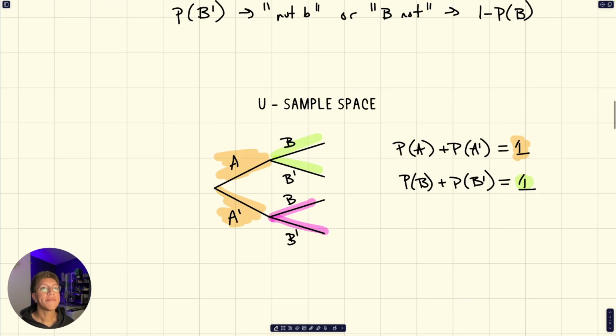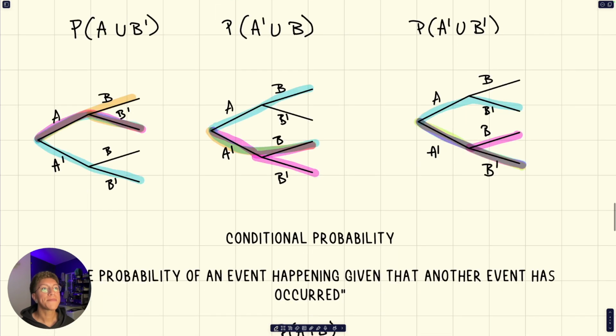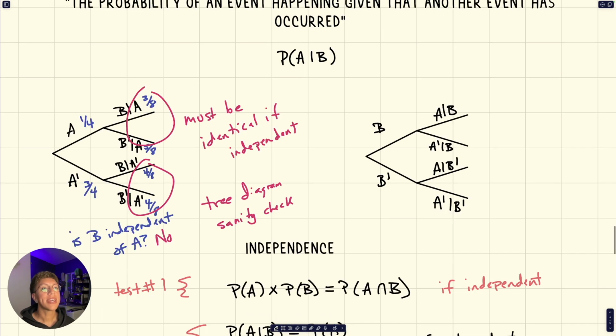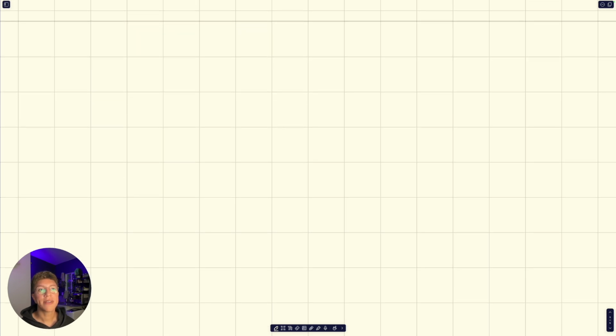Okay, moving back down. We looked at union, intersection, conditional probability, independence, and we have one more thing to talk about, and that is mutually exclusive events. And we talked about this, of course, again, in the last lesson, and it was very quick and very easy.